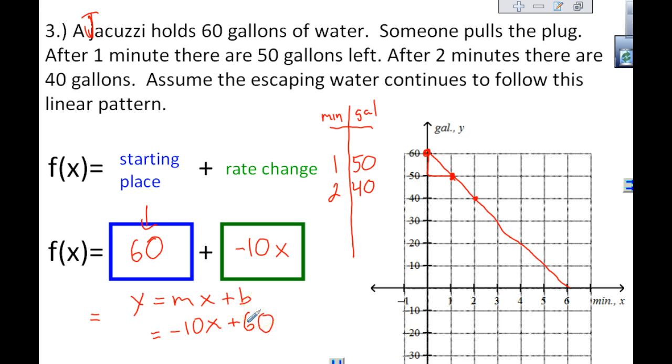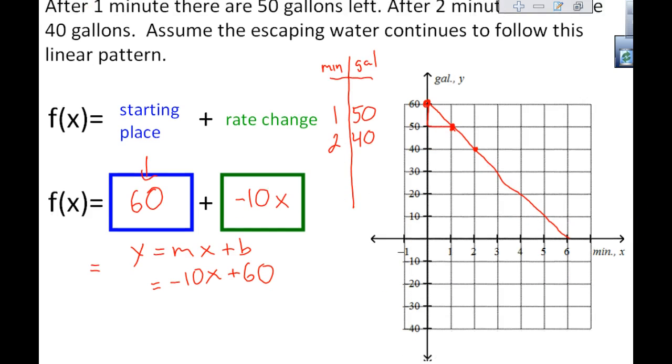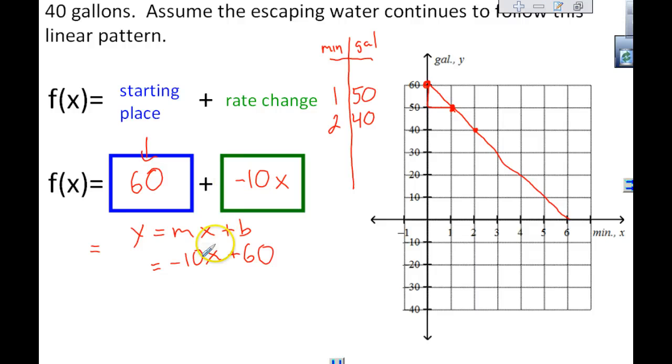The starting place is usually at the end of the equation. So to read this properly, after you do this an awful lot, you stop thinking, okay, negative 10x plus 60, and you think, okay, I'm starting at 60, I go down by 10. Starting here, I go down or up depending on whatever number this is.